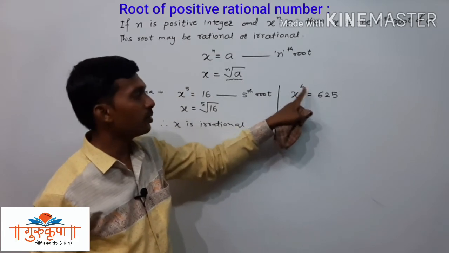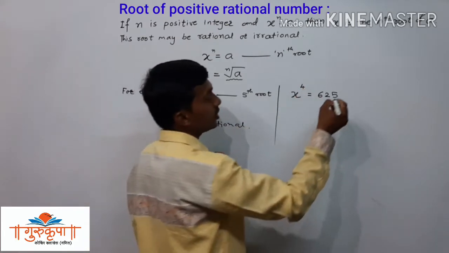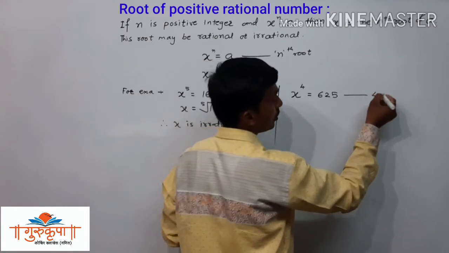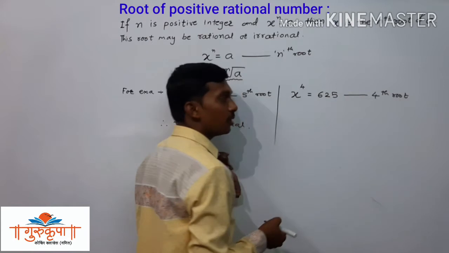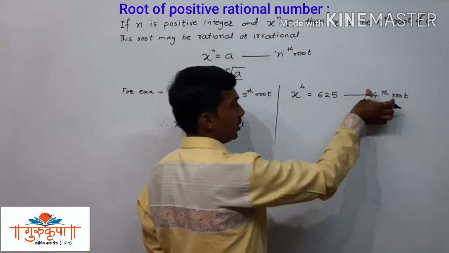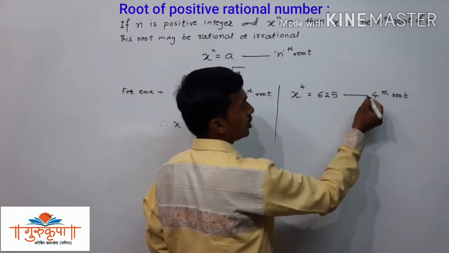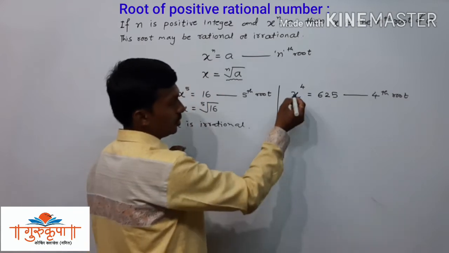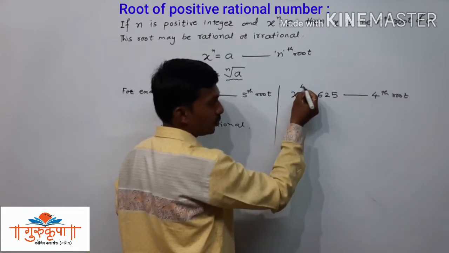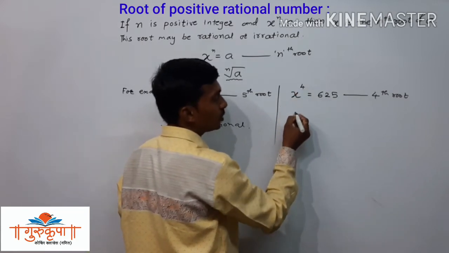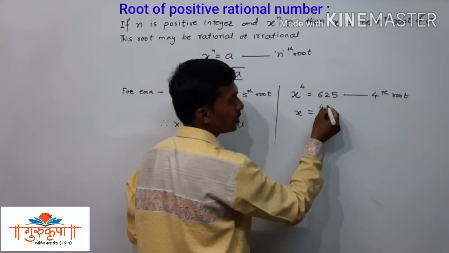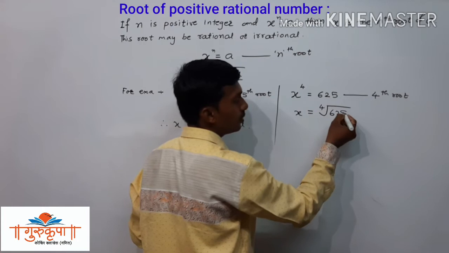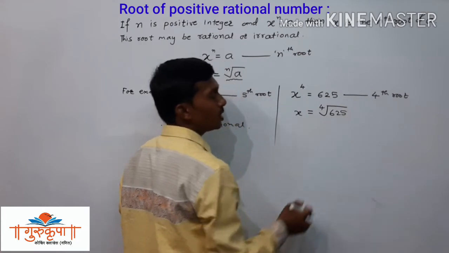Now x raised to power 4 is equal to 625. We will take the fourth root of both the sides. Since we have x to the power 4, the fourth root of x to the power 4 is x. It is equal to the fourth root of 625.